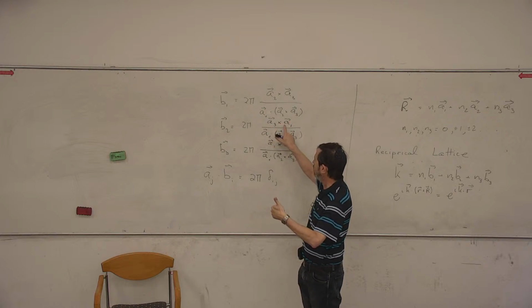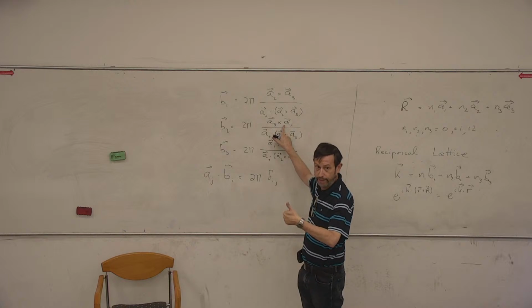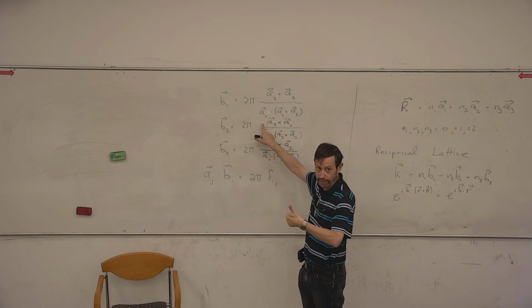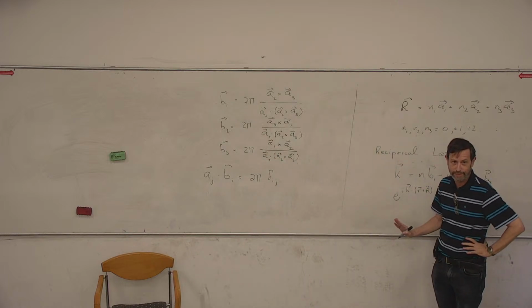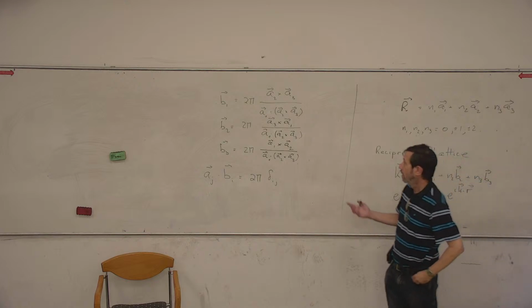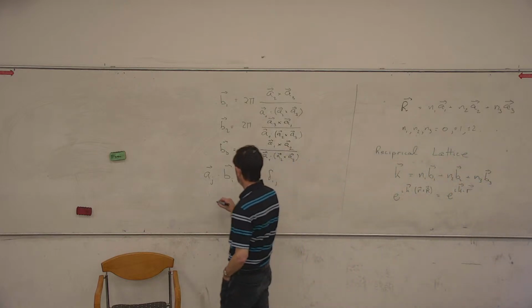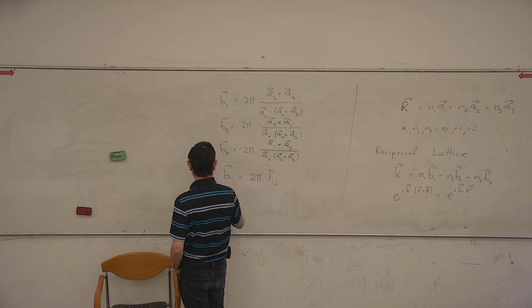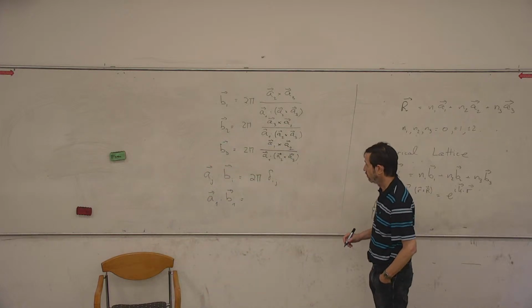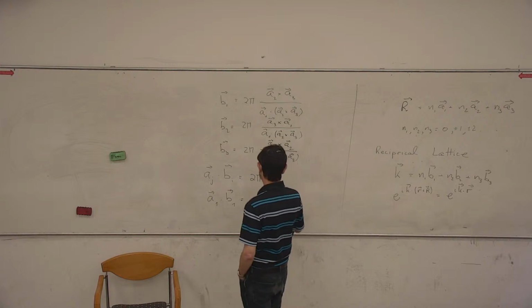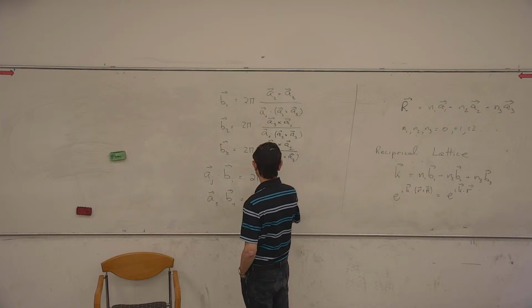This cross is perpendicular to a1 and a3, so if I have a scalar multiplication by a1 or a3, it's equal to 0. Okay? Just from the cross properties. So what is left? Let's look at, let's say, a1 dot b1. Trivial.